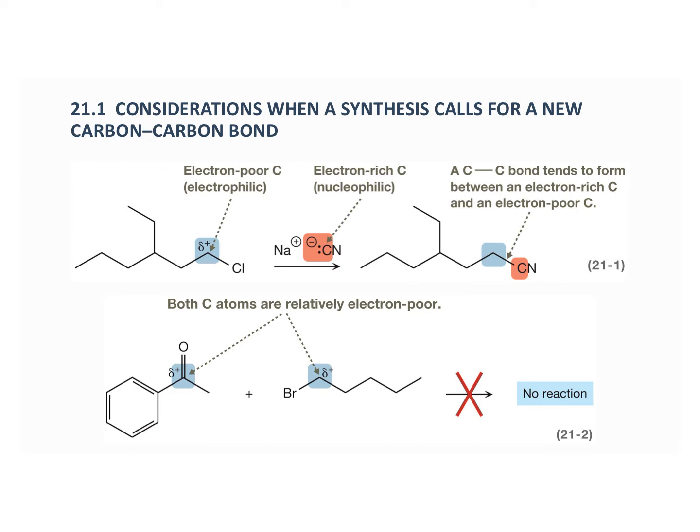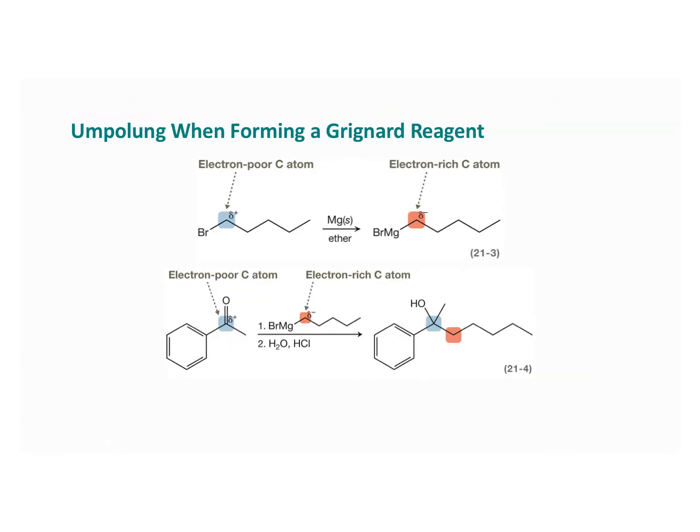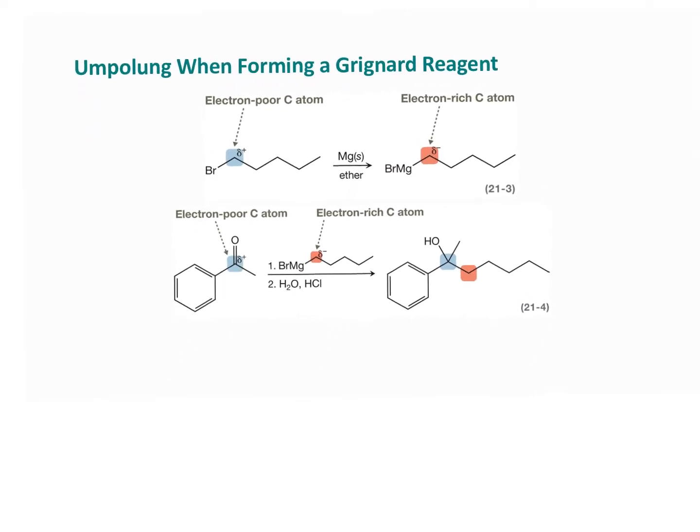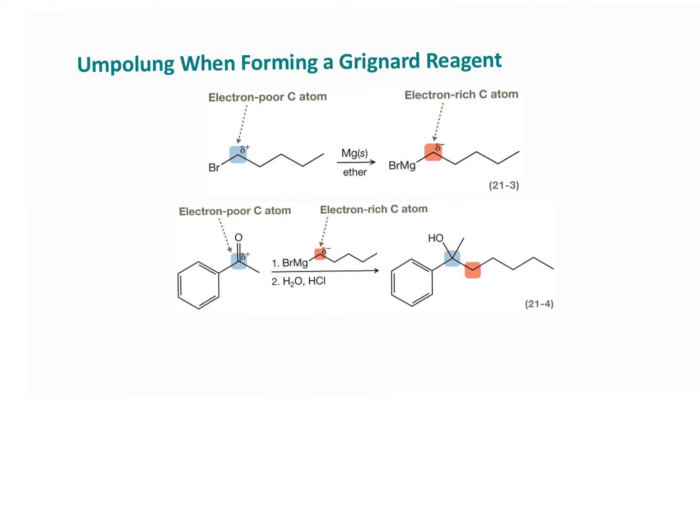So one of the things that we're interested in is, is there any way that we could maybe change those charges? And so one way to form a bond between two carbon atoms of like charge is to carry out a separate reaction that reverses the polarity at one of the carbons. And so that carbon becomes more electron rich.